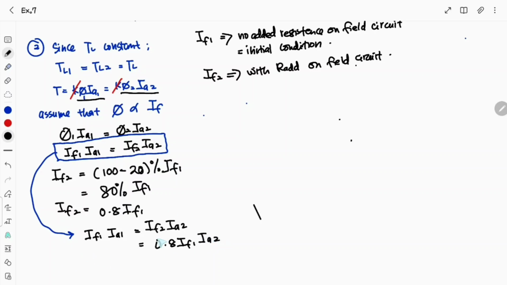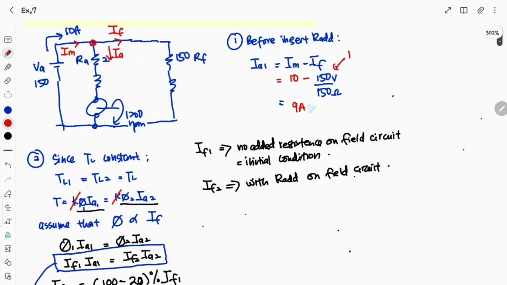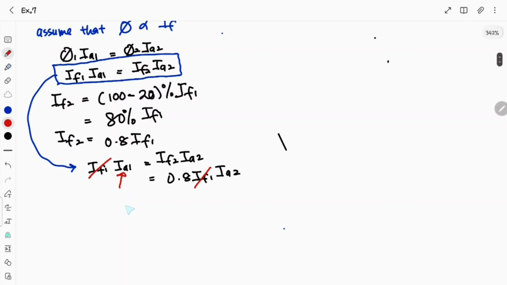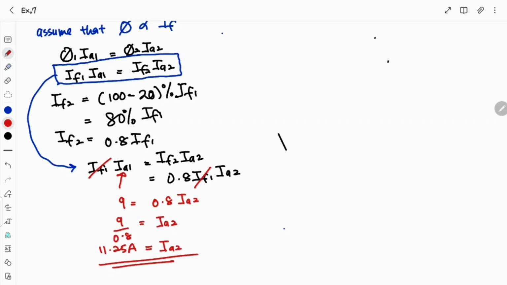Take a look at the equation: what can we simplify? We know that this IA1 calculated from here is 9 ampere. So put 9 ampere in the equation: 9 equals 0.8 IA2. Now you will have your IA2 as 9 over 0.8, which equals 11.25 ampere.